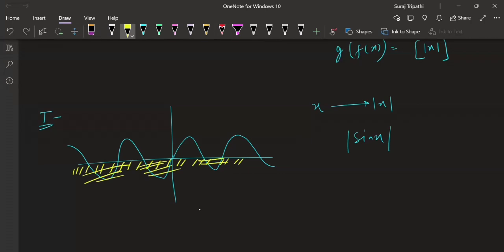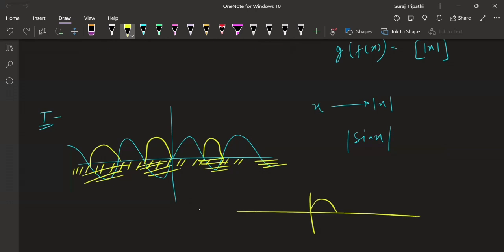Each part we have to cut, and the same part given below the x axis we have to draw: just take the reflection of that graph given below the x axis. So the final graph will look like this. Got it? This is the graph of mod of sin x.